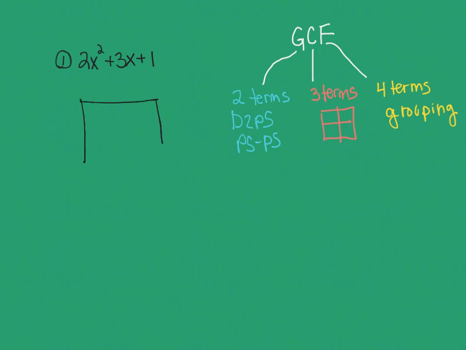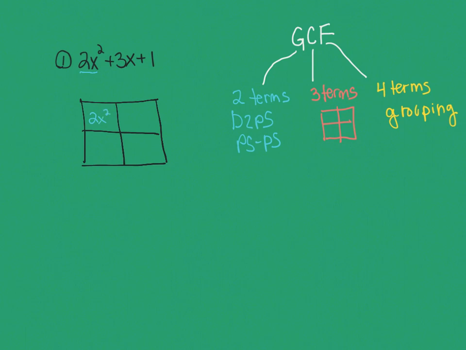Now, this is one where a does not equal 1. You definitely want to either be working in pencil or be ready to draw multiple boxes, because we might have to do a little bit of trial and error to get to the correct answer. I'm going to look at the first term, 2x squared.